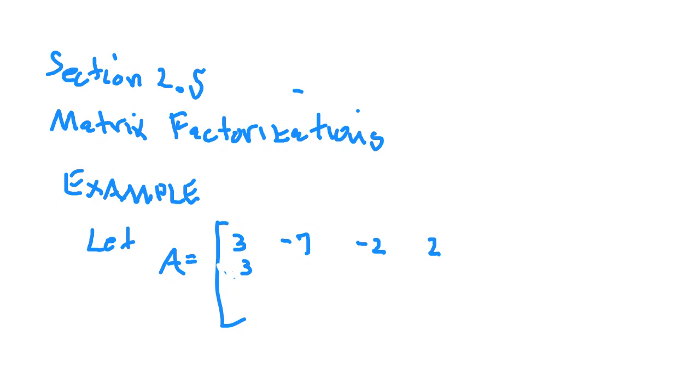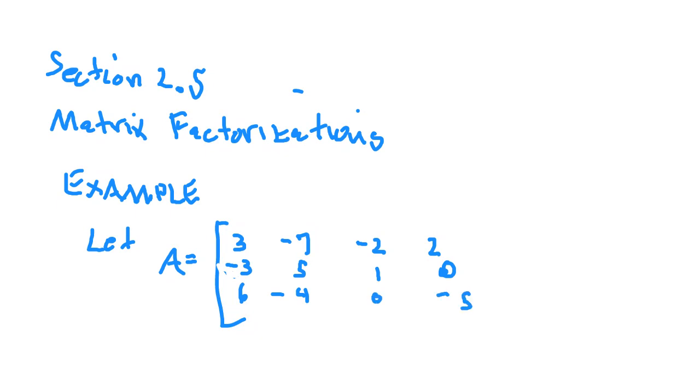Second row is -3, 5, 1, and 0. Third row is 6, -4, 0, and -5.